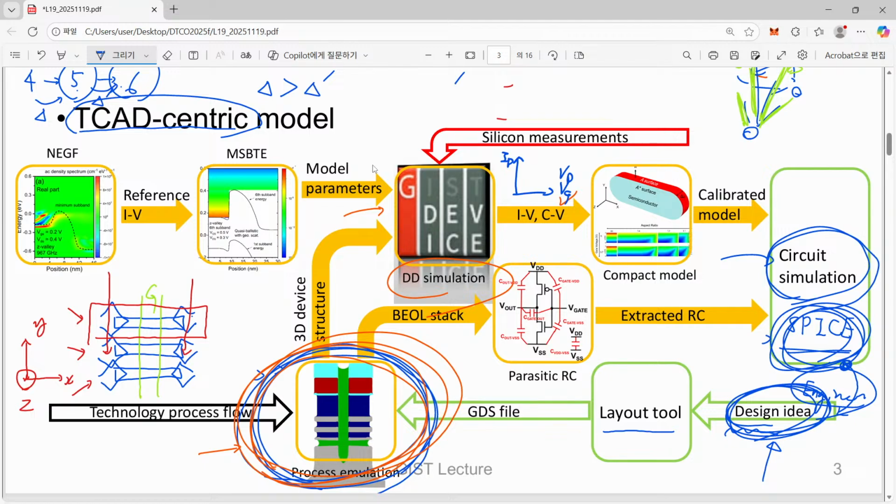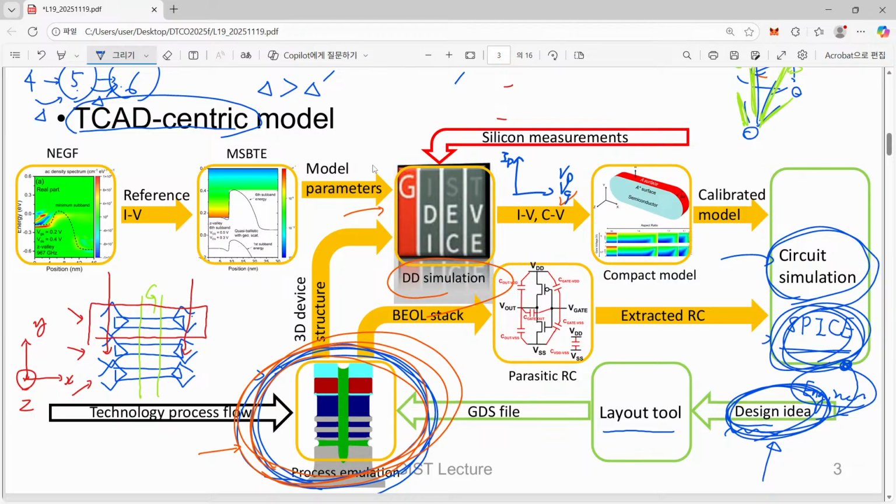I will just simulate a small piece of circuit. However, even in that case, the number of transistors is not several tens or several hundreds. There can still be thousands, even millions.